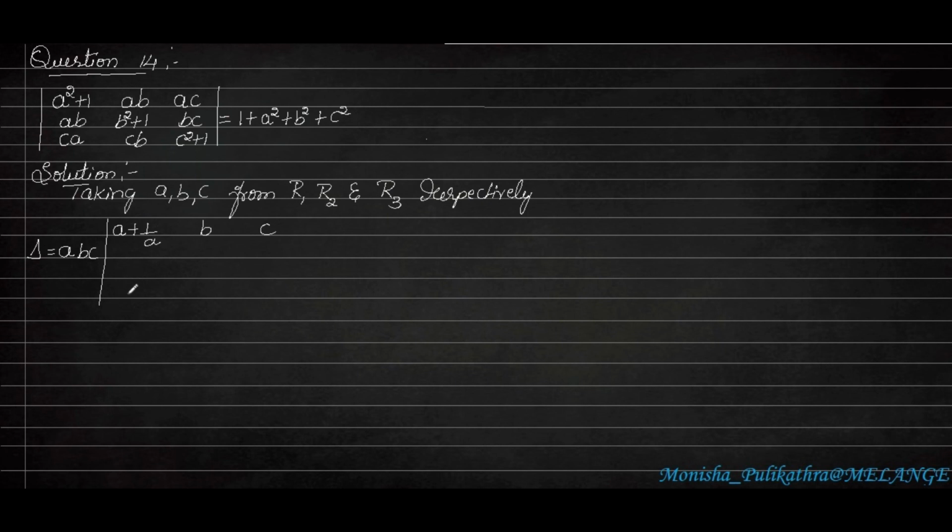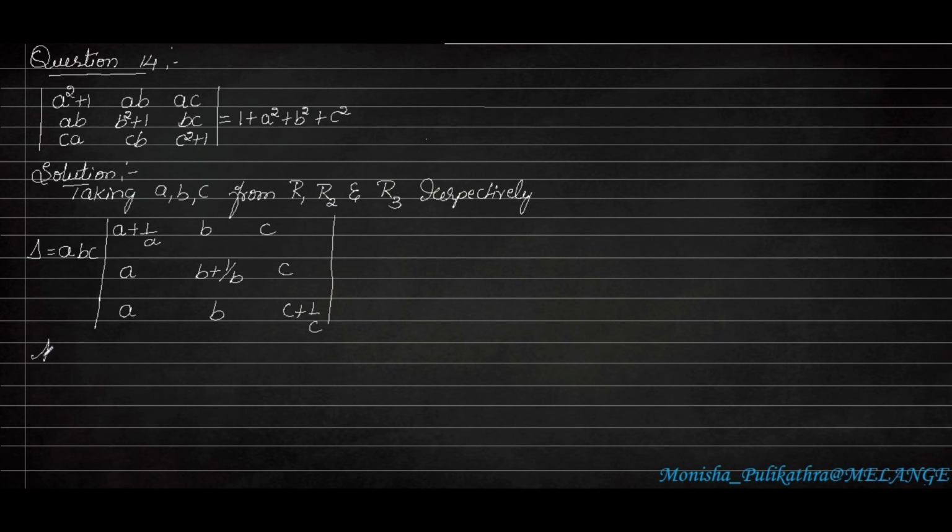From the second row I am taking b common, so here it will be a and b plus 1 by b and c. From the third row I will be taking c common, so a, b and c plus 1 by c. Okay, so these are the things remaining.